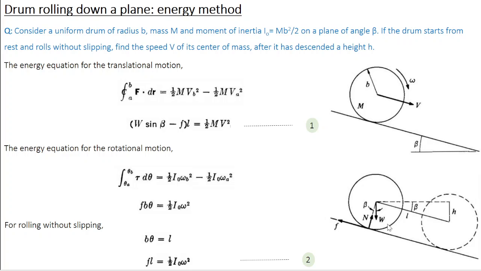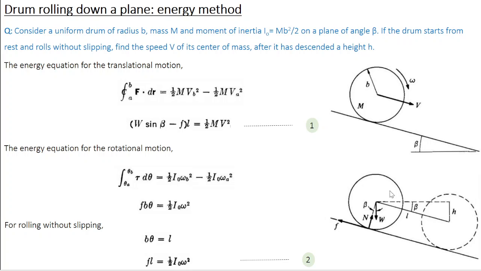So you can resolve weight W into two components, one perpendicular component and one parallel component. The perpendicular component of the weight acts against the normal force, so these two cancel. So for the translational part, you need to consider only the component of the weight along the plane.